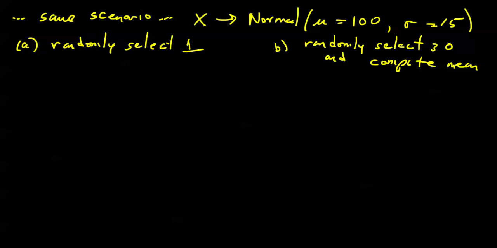In part A, I want the probability that the randomly selected IQ score is between 100 and 115. And in part B, I want the probability that this sample mean is between the same two limits.